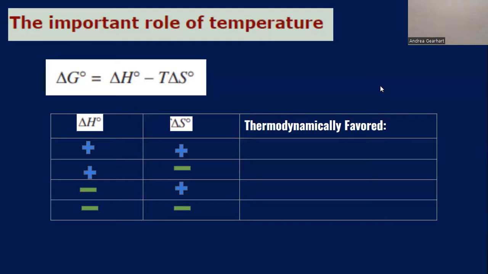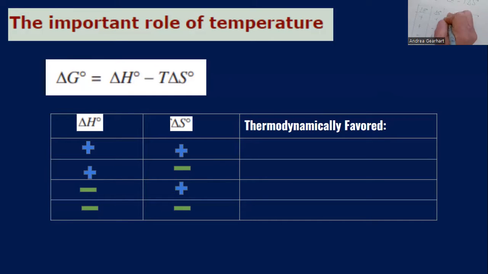So what if we had this equation presented to us? I'm just going to recreate that table. Our delta H is positive, positive, negative, negative, and our delta S naught is positive, negative, positive, negative.